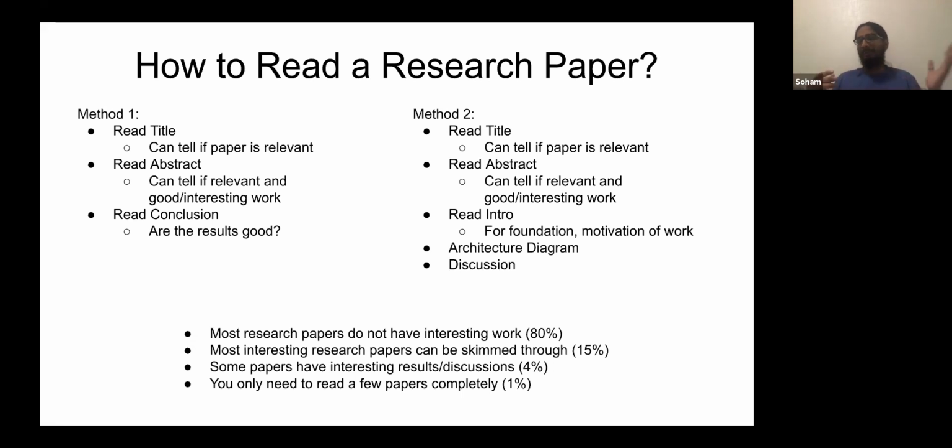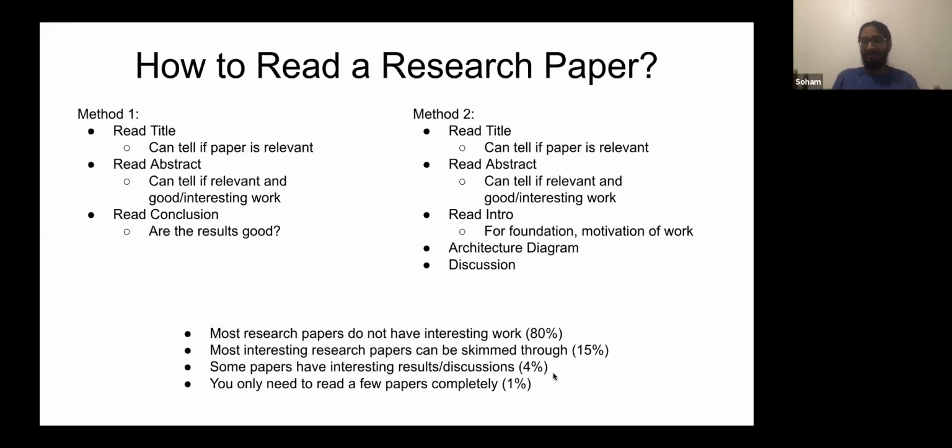So that's 80% of the papers. You can just read only the title and abstract and then forget about it. After that, another 15% of papers, you can just skim through them. You can maybe read the abstract and the conclusion, maybe look at the architecture diagram, and then be done with it.